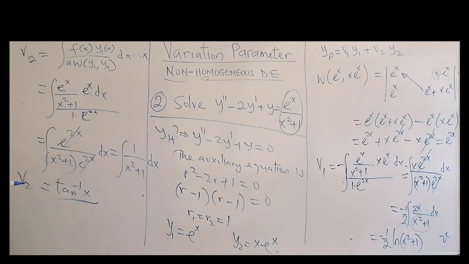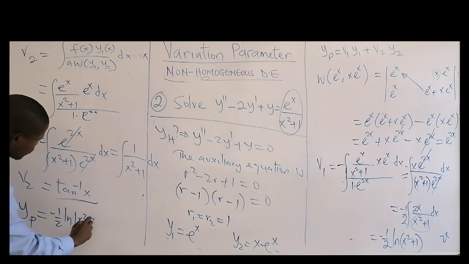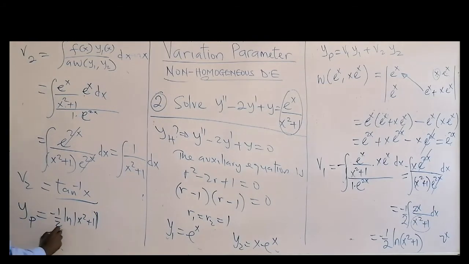Then we just have to write the yp, the particular solution, which will be equal to v1. My v1, we have it, that's minus half ln(x squared plus 1), then times y1.